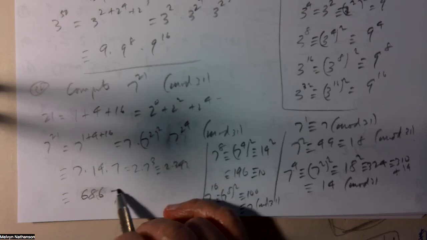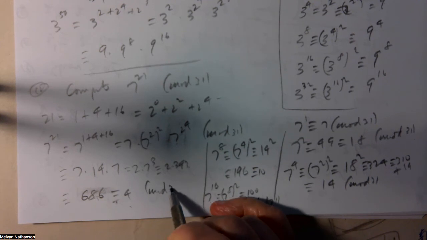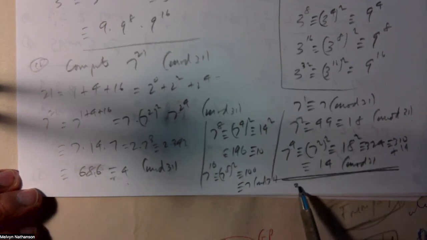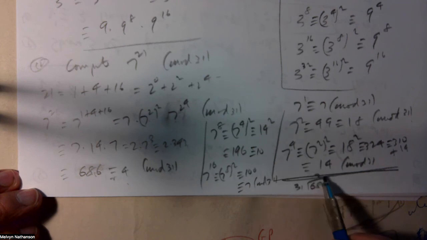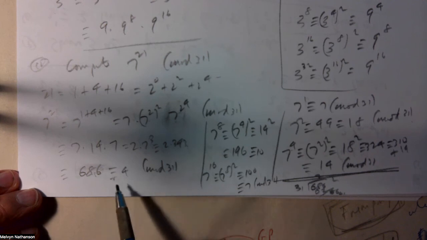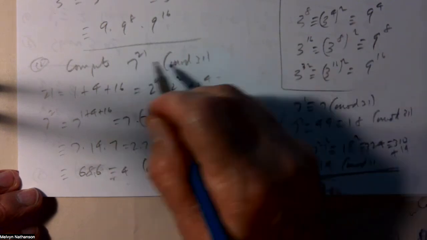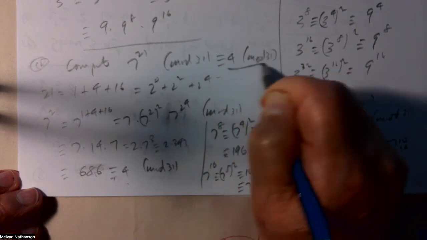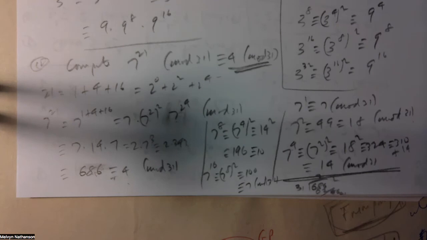I think you get a remainder of 4 mod 31. Let me just check. You divide 31 into 686, this goes twice. 62, 66, that goes twice. That leaves a remainder of 4. So the answer is 7 to the 21st is congruent to 4 mod 31. So that's using the fast factoring algorithm to compute this.